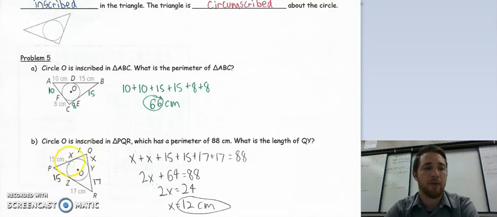If I'm going 15 from P to X, 15 will also go from P to Z. 17 from R to Z means that 17 will also go from R to Y. Add up all of what I know, and I can find the two x's that are missing, so from Q to X and from Q to Y, those are your missing parts, but adding up all the other ones should get us our total perimeter of 88. So I just have to solve that for x, and we get our solution.